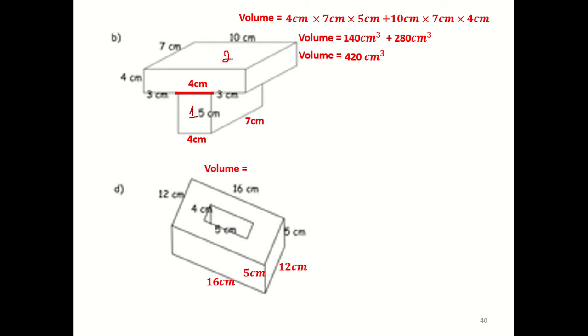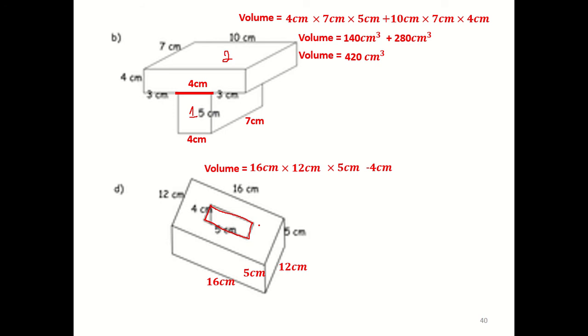Multiply that by the height, and it will give you the total volume of the whole prism. Then you will simply have to subtract the volume of the prism that has been cut out, which is this prism over here. That part has been cut out. Find the volume of that part and simply subtract it from the total volume of the entire prism.